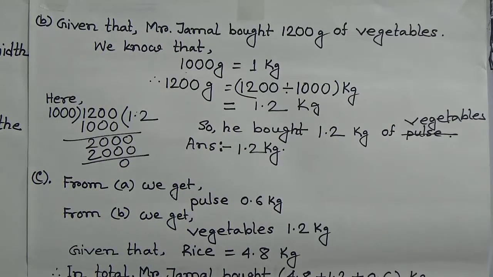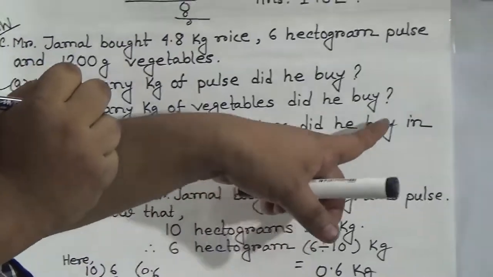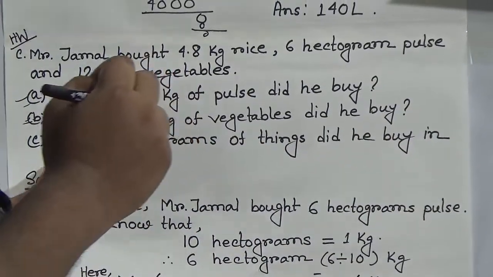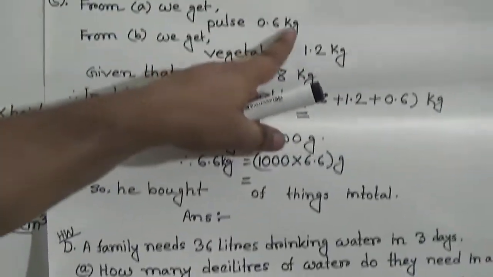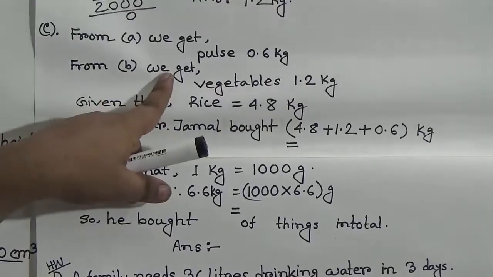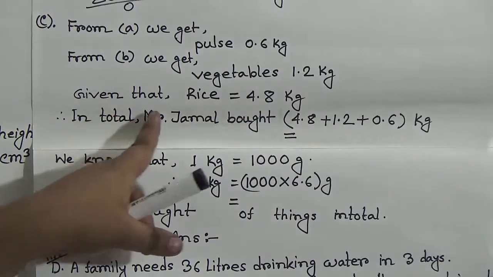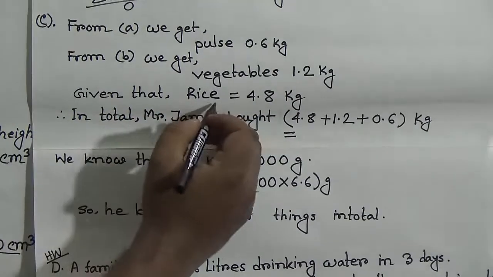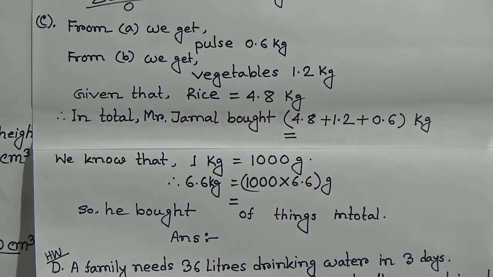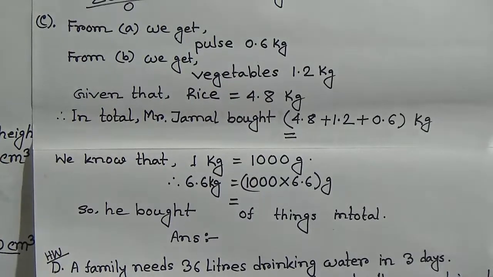Now our question number C, how many grams of things did he buy in total? That means at first we write from A we get pulse 0.6 kg. From B we get vegetables 1.2 kg, and given that the stem give us the information that rice 4.8 kg. Now we add these 3 items, that means pulse, vegetables and rice in kg.